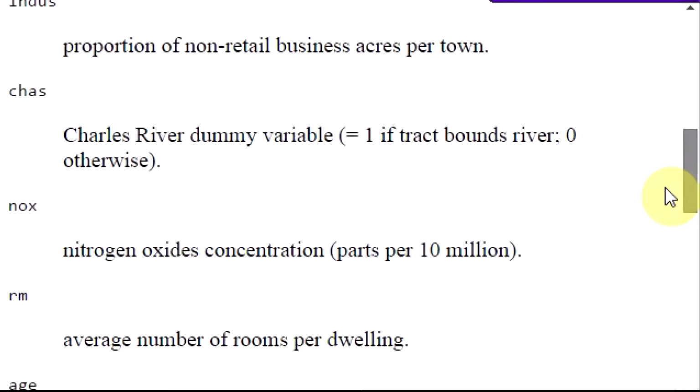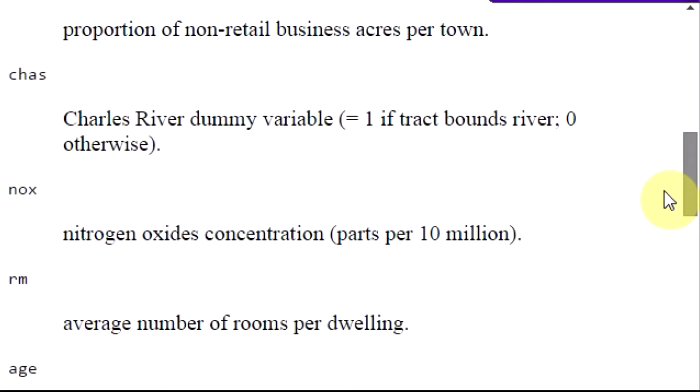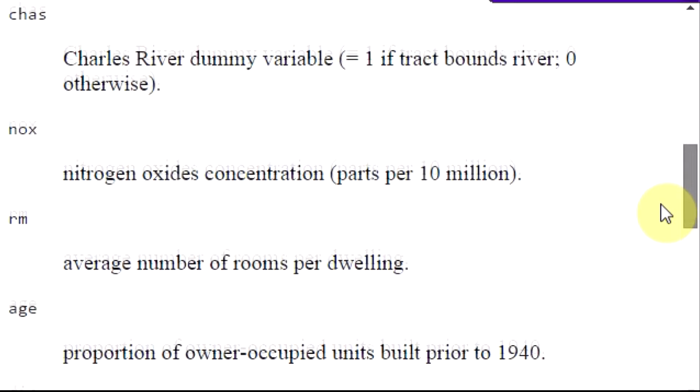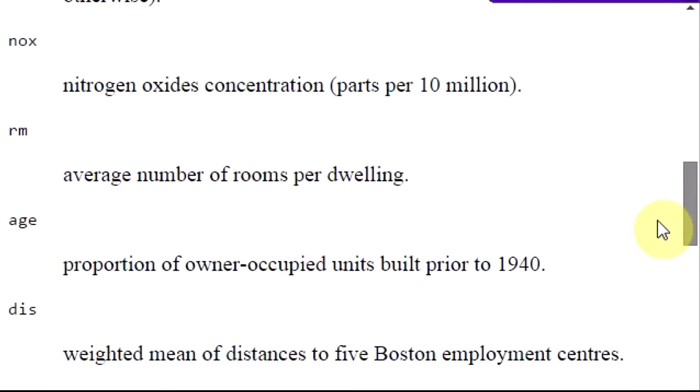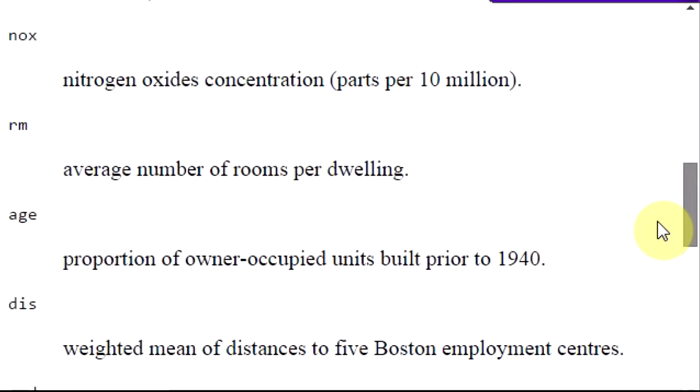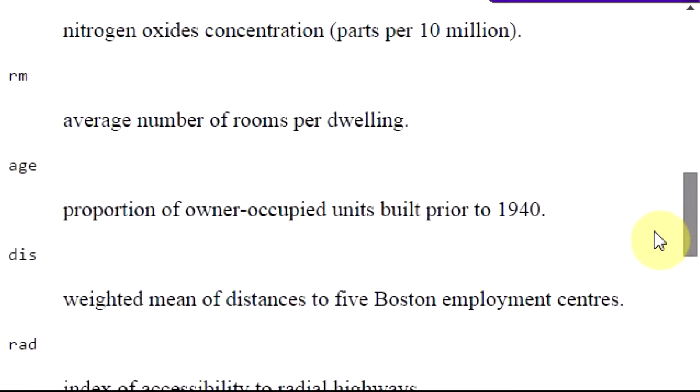NOX is pollution, nitrogen oxide parts per 10 million. RM is rooms per dwelling. Age is the proportion of occupied units built prior to 1940. So it's a proportionate age.